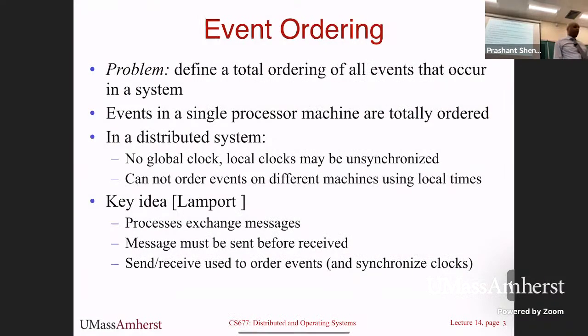All right. This whole concept that I was talking about is something that Leslie Lamport came up with in the 60s or 70s. I don't know if you've heard of Lamport. If you use LaTeX, the "La" is for Lamport. He's done a lot of interesting work in distributed systems.